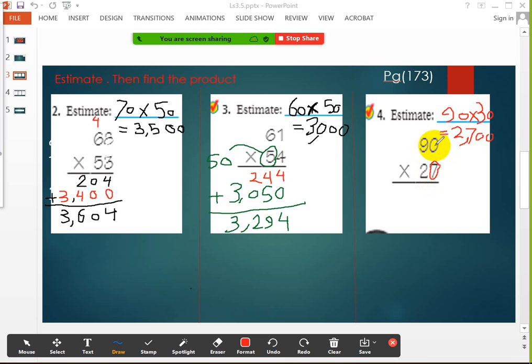7 multiply 0 equals 0. Very good. So I will put 0 in the ones digit here. 7 multiply 9 equals. No, you said 7 multiply 9 equals.